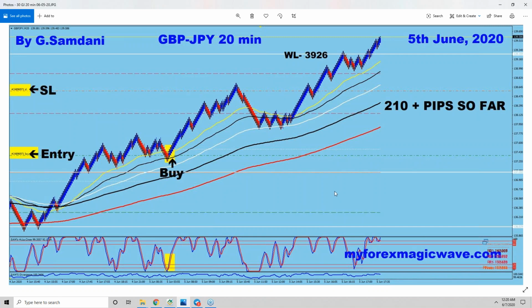But there are pairs which don't even move 100 pips a day. So if the pair moves less than 100 pips, how are you going to hold and make 200 pips out of that? Nowhere, right? But if pound yen moves 280 pips a day, then you can hold the trade for 200 pips and still get away with that, right?